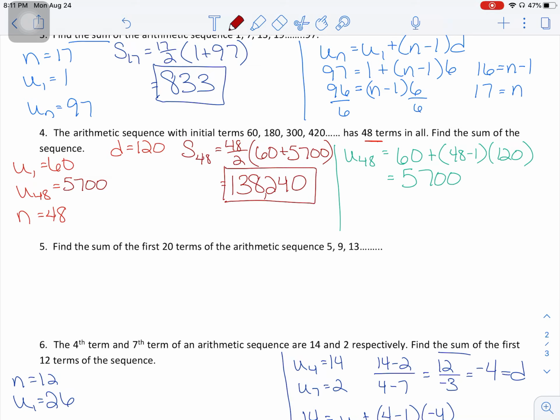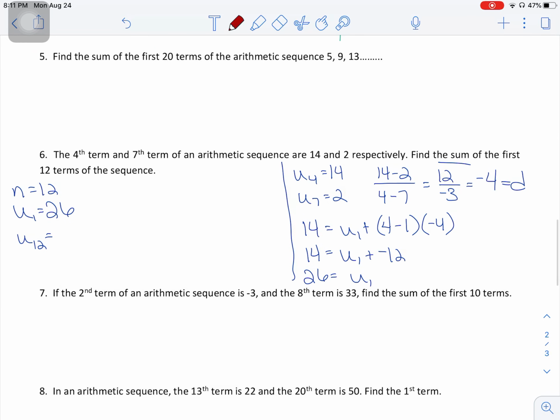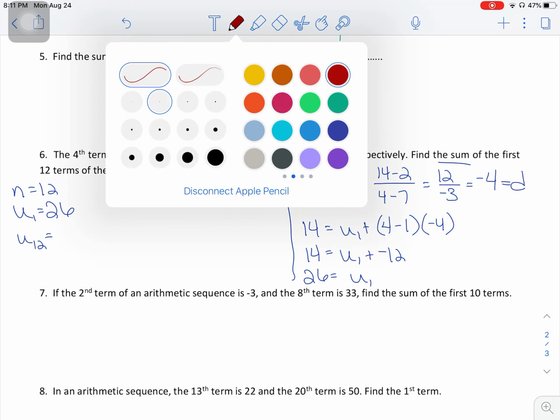There's a comma right there, so let's see, 138,240. Sure, that sounds like a good sum for that sequence. All right. Let's see, number 5. Number 5 looks basically like the same thing as number 4, so let's go ahead and attack it the same way.